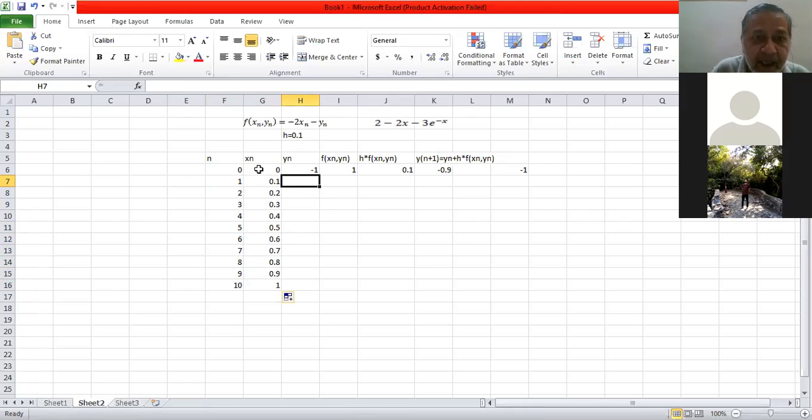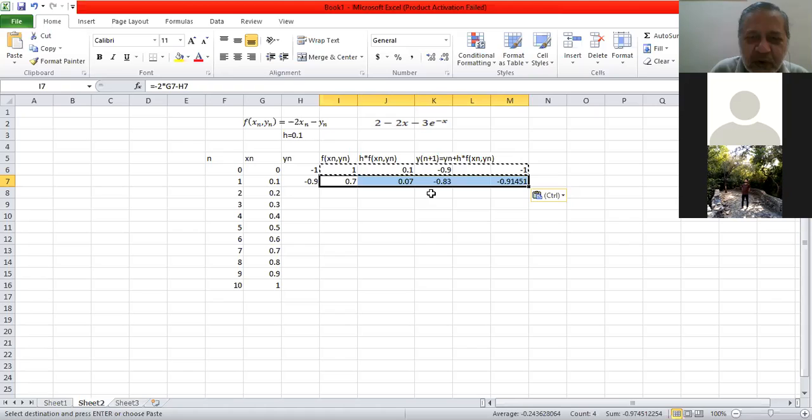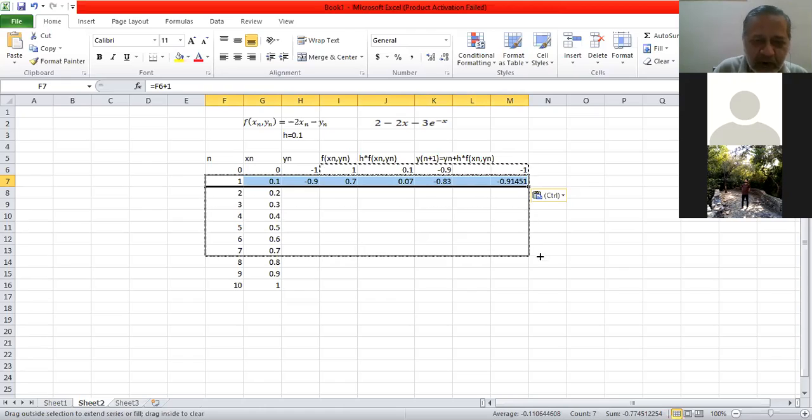Now this is x naught, y naught, this is x1, so where is y1? Y1 is calculated in this column, so copy this value here, equal to K6. All these cells have formulas, so I copy them and paste them here, and the next expressions follow. Now all the cells are fed by formulas and I produce the whole solution like this.